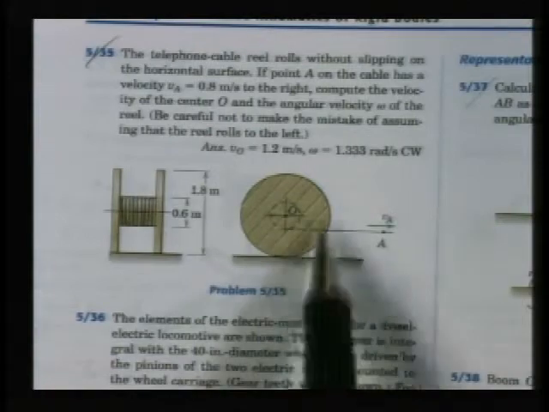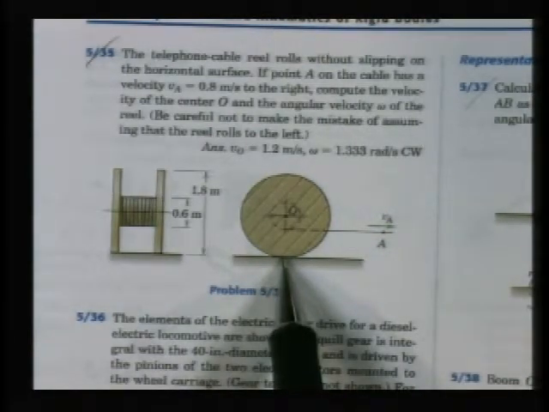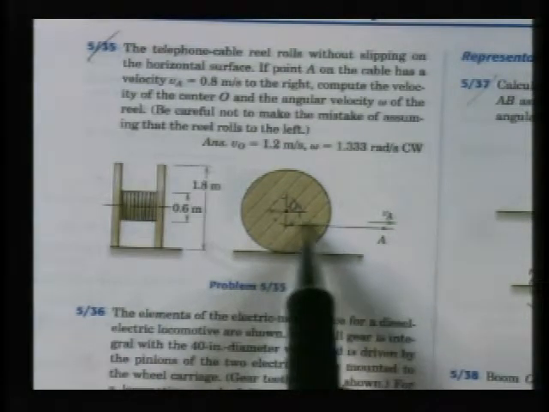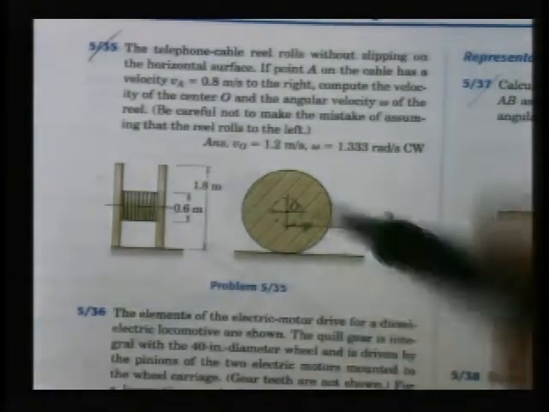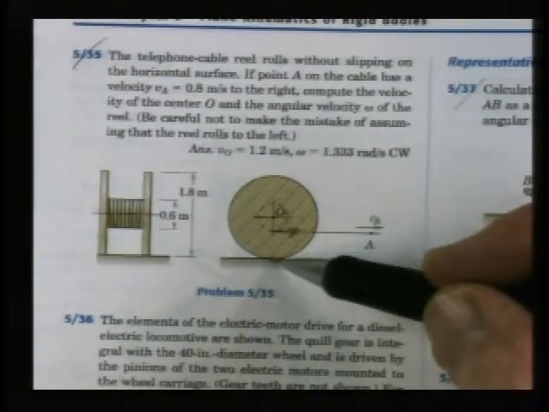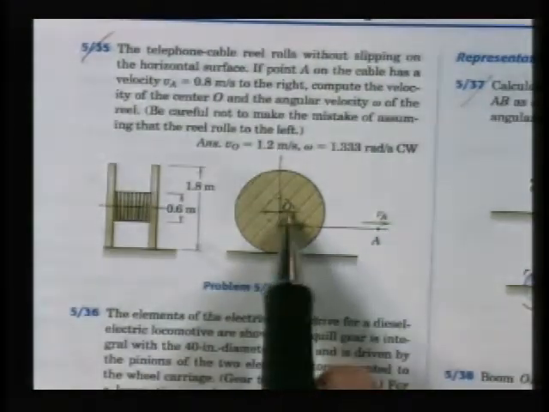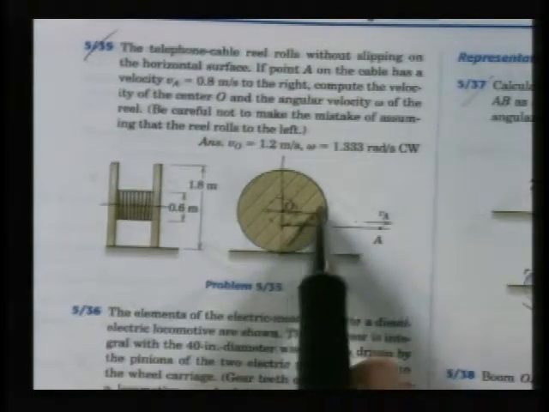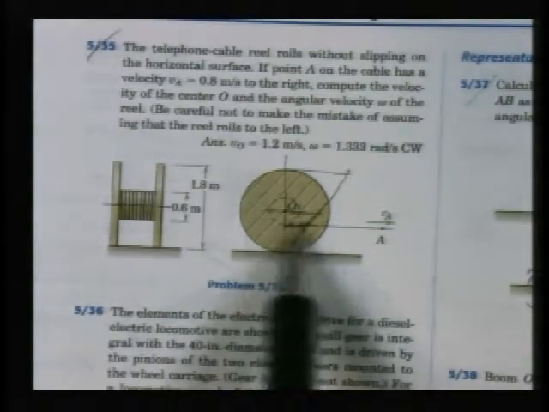This is a single rigid body, which means every point must be rotating about that point momentarily. If the center is moving at a speed VA, which they gave us, then we're trying to figure out what the center is doing up here. The center must then be moving in a proportional scaled value related to that VA reading right there.